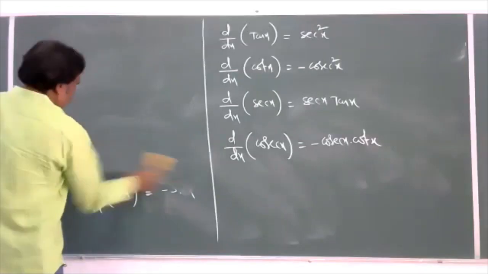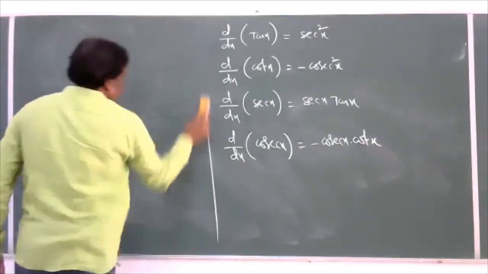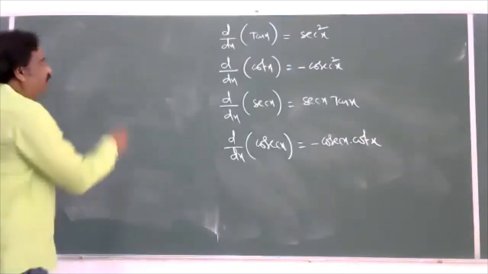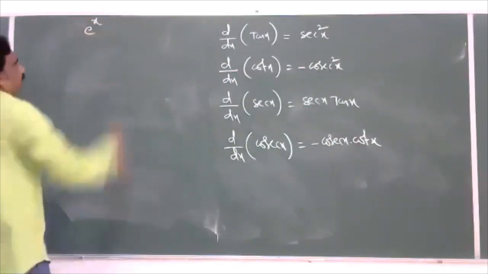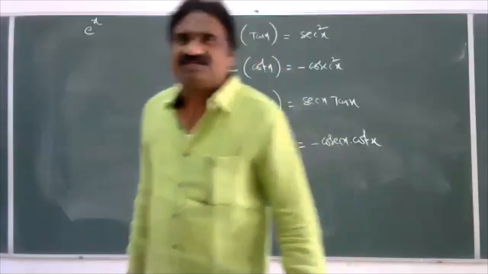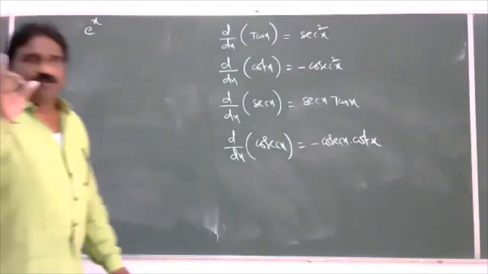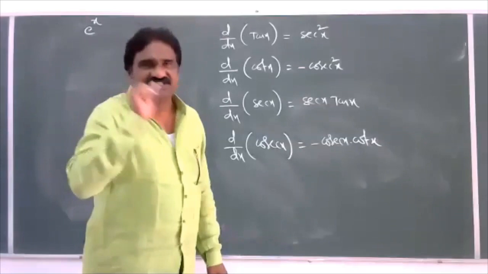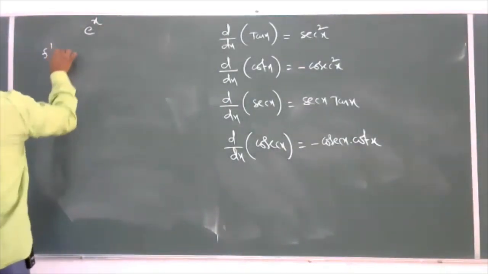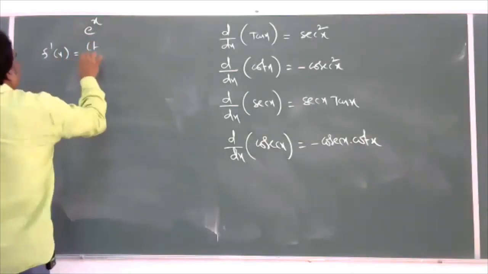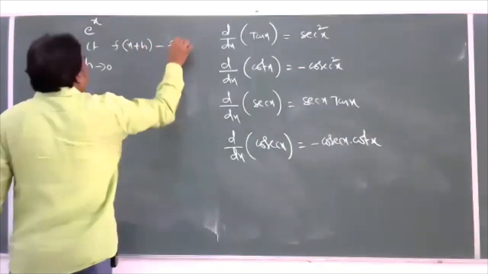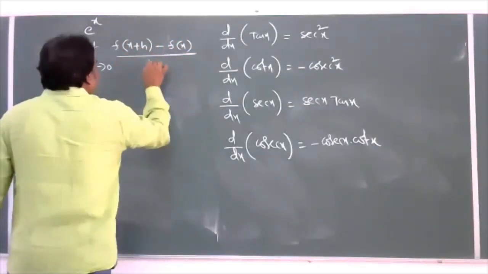Here, we remember the first principle. By using the first principle, we prove the derivative of e power x. I want to recall the process of how to find it using the first principle. You know the definition: f dash x is equal to limit h tends to 0 of f of x plus h minus f of x by h.